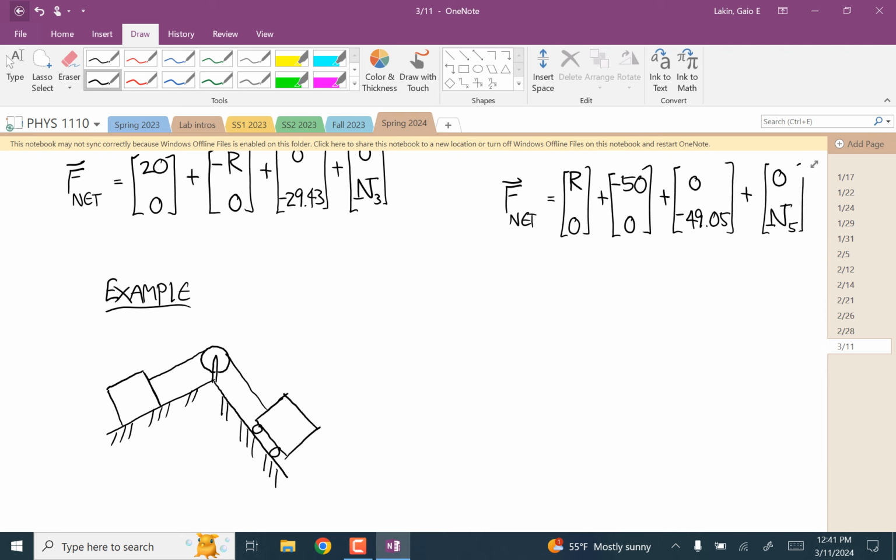Let's say that this one has a mass of 5 kilograms. This one has a mass of 1 kilogram. And at the instant shown, they're moving this direction. And the coefficient of friction for the 5 kilogram is 0.2.